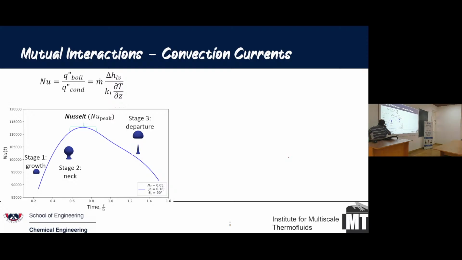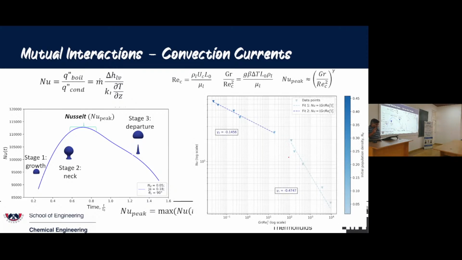The other thing she checked is basically the stages of growth. If you look at the bubble growing, it goes into this necking stage. At some point, it has the maximum. This is the Nusselt number with respect to time. At some point, it reaches the maximum, and then somewhere in this region, you get a departure. So what she will plot now is this particular region of maximum Nusselt number with respect to Grashof.